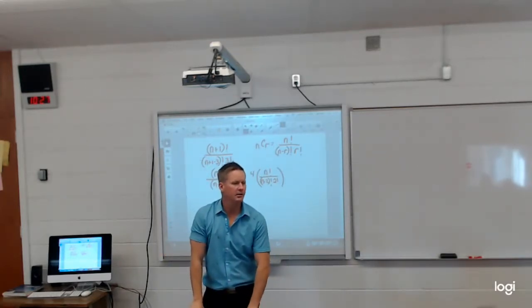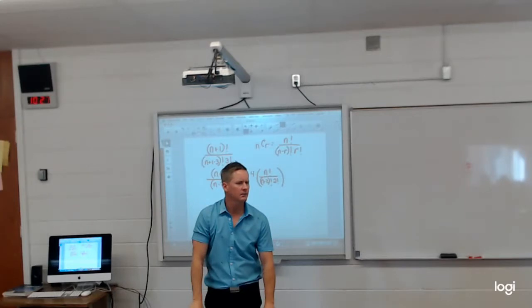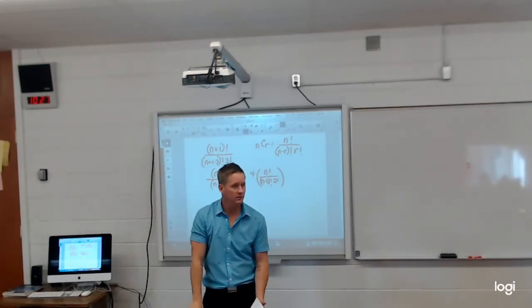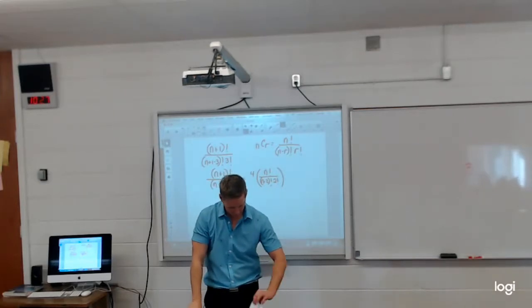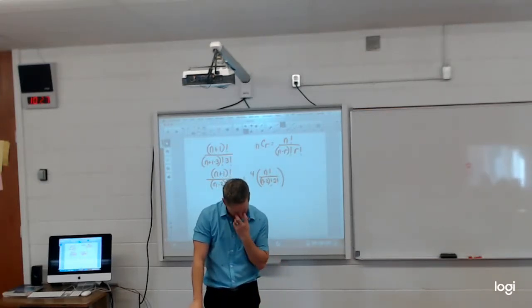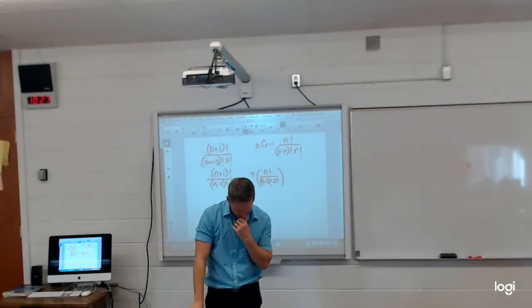Alright, Mary, you had your hand up? Yeah, but it's a little bit back. Yeah, fine. What page? 102. Okay. What number? 4C and 5A.